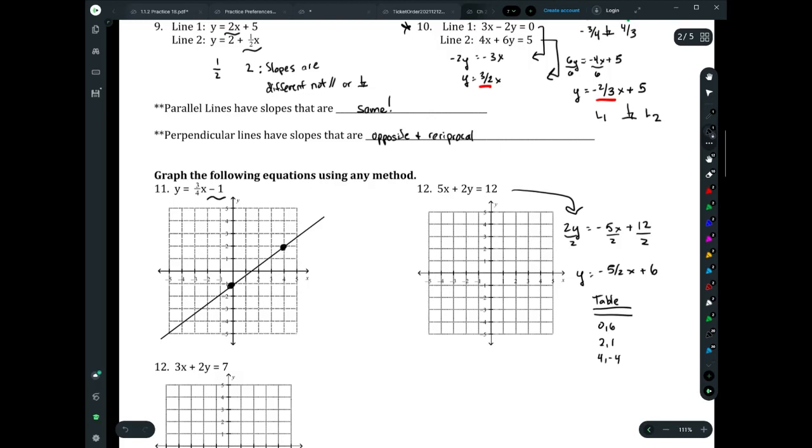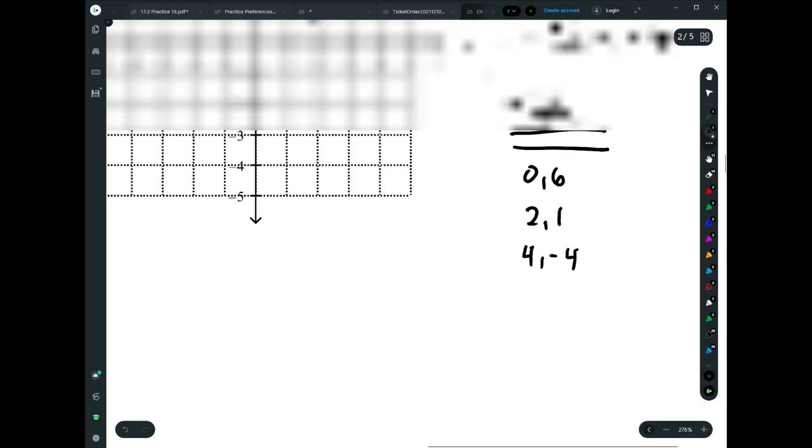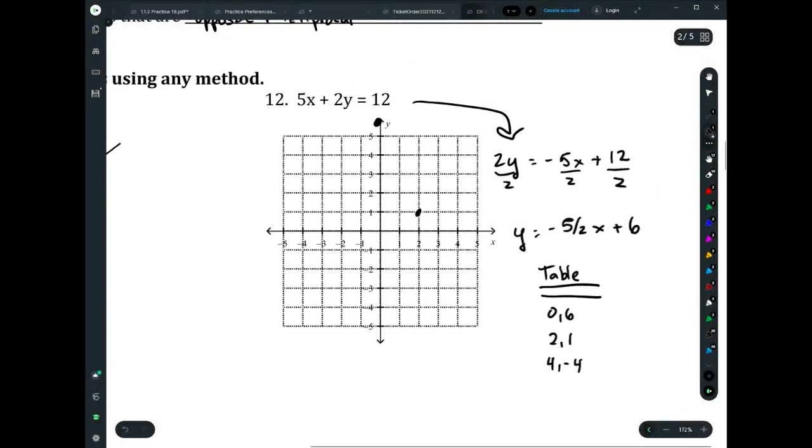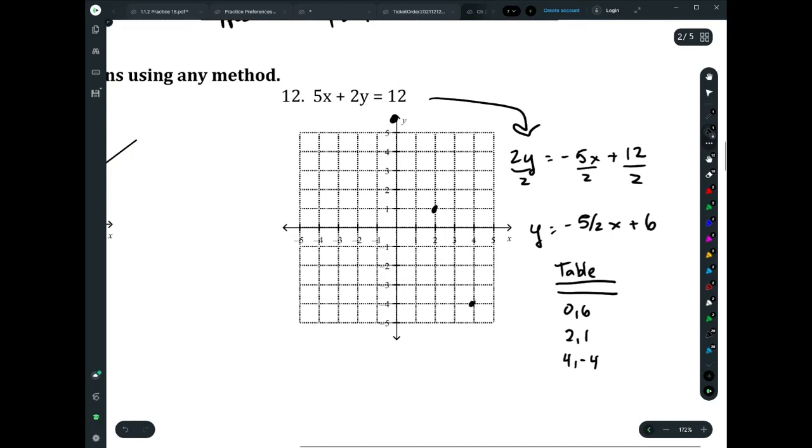So (0, 6), which would be up here somewhere, which doesn't help us much. (2, 1), over 2 up 1, and over 4 down negative 4. Whoa, super zoomed in. Sorry about that. To negative 4, we got those, connect the dots, bada bing, bada boom.